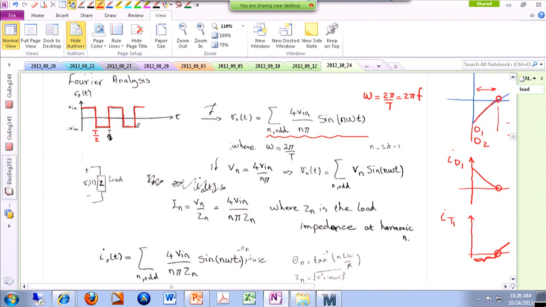And now I can actually say, remember we were using superposition when we had a rectifier. Now I can say that I have a load. Let me draw it over here.